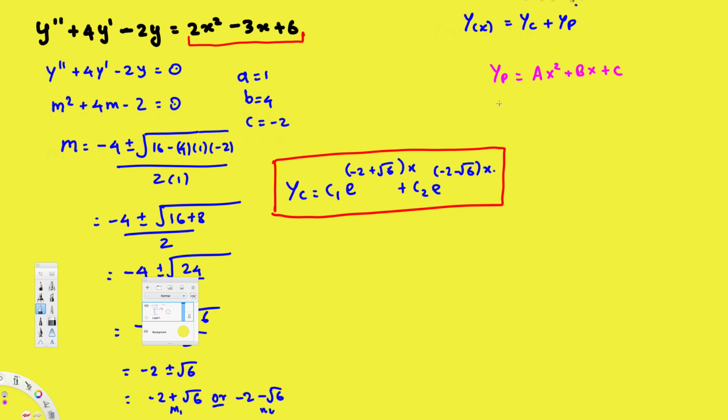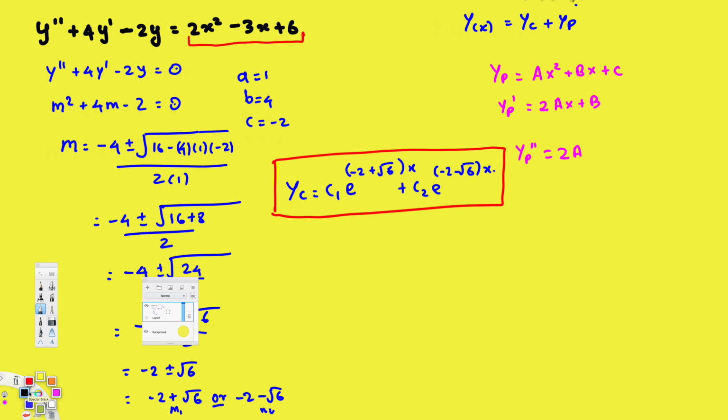If we take the first derivative with respect to x, this becomes 2ax plus b, and the second derivative is just 2a. Now after we find the derivatives, we plug them back into this equation.